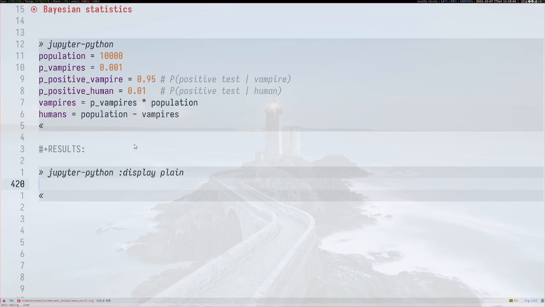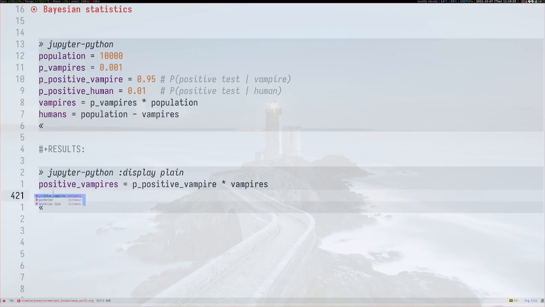I'm going to write down the equation in a second, but first let's simply use our intuition. What is the number of positive vampires in the population? These are vampires that will test positive if I use the test. That is the probability of a positive test given that it's a vampire times the number of vampires in the population.